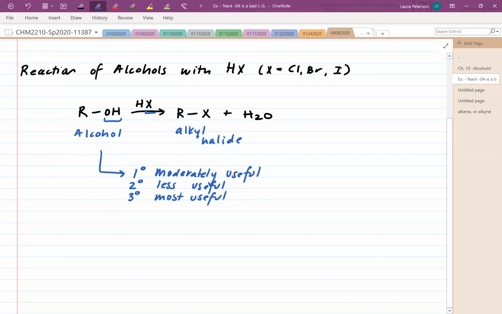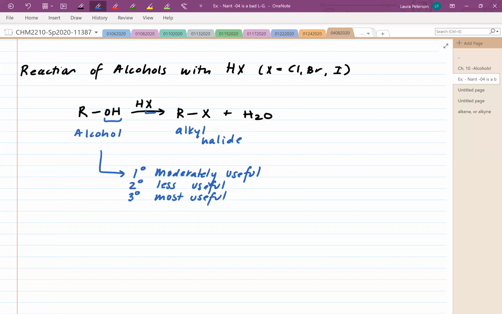So what does useful mean? Useful basically means, in terms of organic reactions, that I can perform that reaction and get a high yield of the product that I want. In this case, it's the substitution reaction where I've converted the alcohol to the desired alkyl halide. It's weird though, right, that the trend is primary is good, secondary is bad, tertiary is good?